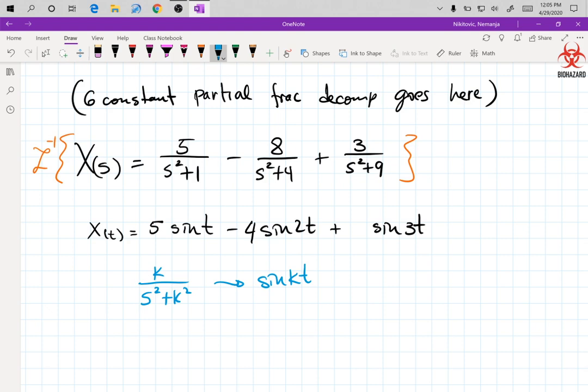So from here, k is 1. So if k is 1, then the entire 5 stays as a front coefficient.